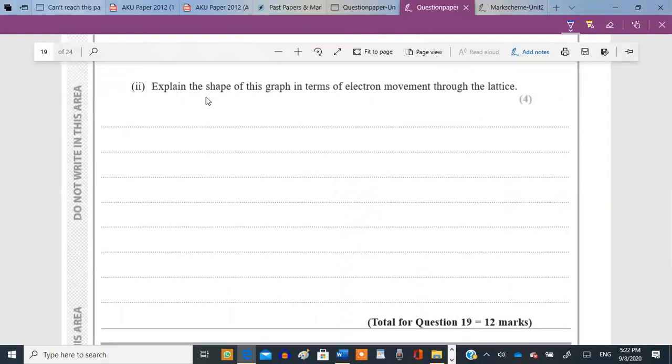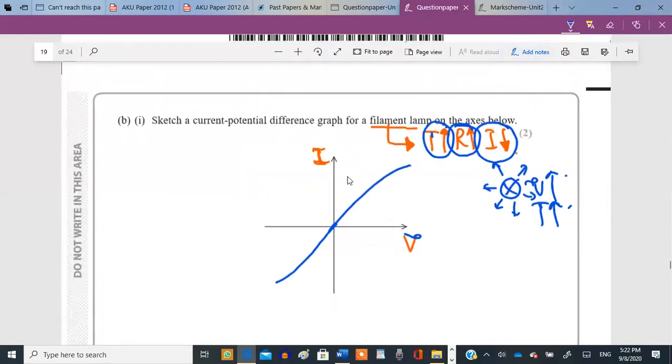Then the next part says explain the shape of this graph in terms of electron movement through the lattice. So what do you think? Why is the shape of the graph like this? Basically, the gradient of this graph represents, sorry, not the resistance, it represents the reciprocal of the resistance.